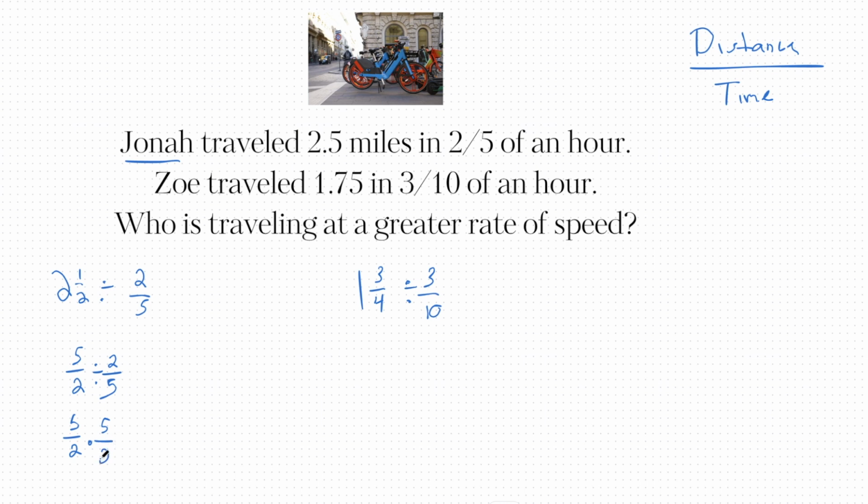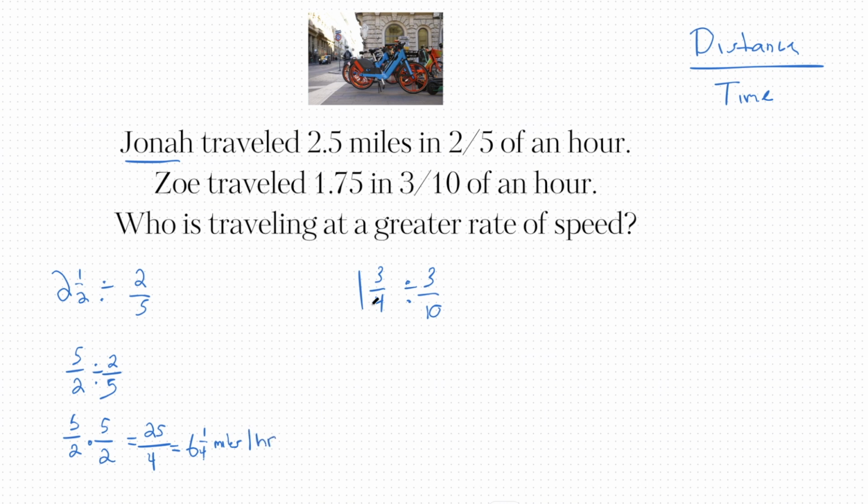And now when we multiply fractions, we multiply the numerators. So 5 times 5 is 25. 2 times 2 is 4. And now I'm going to make that a mixed number again. So I know 4 goes into 25 6 times with 1 left over. So it'll be 6 1/4 miles per hour. So that's the rate for Jonah.